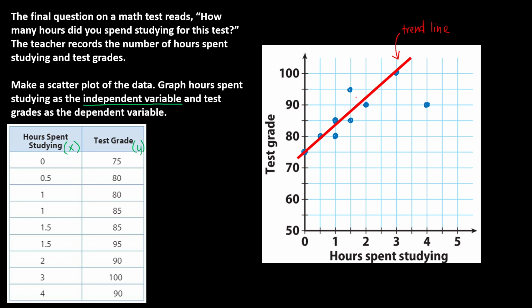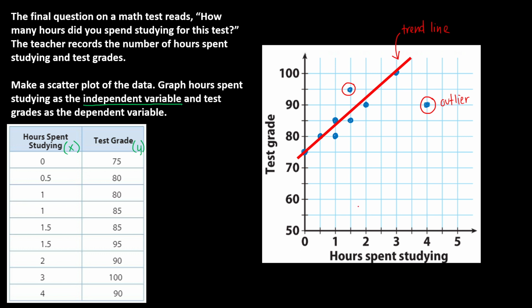But you'll notice that some of the data doesn't necessarily fit. You've got a couple points, especially this point on the right, that is definitely an outlier. So we can use the data in this scatter plot to determine the association between hours spent studying for a test and the overall test grade.